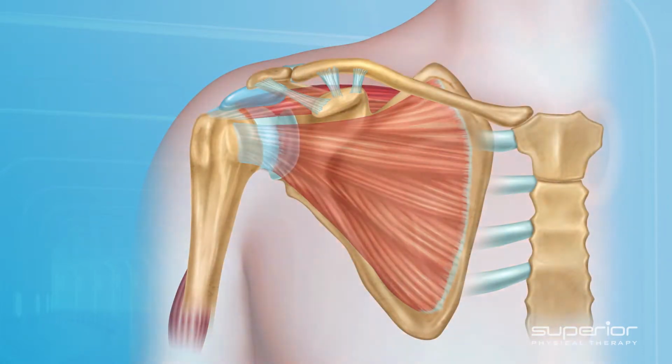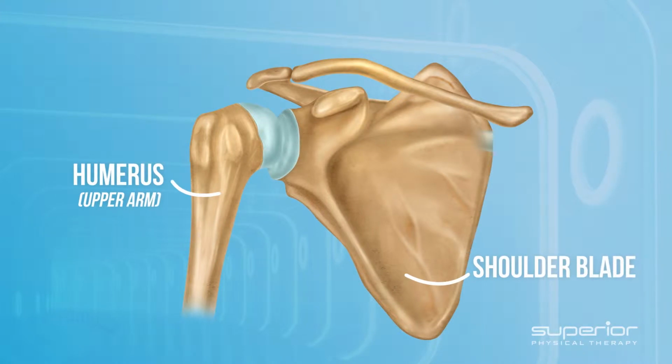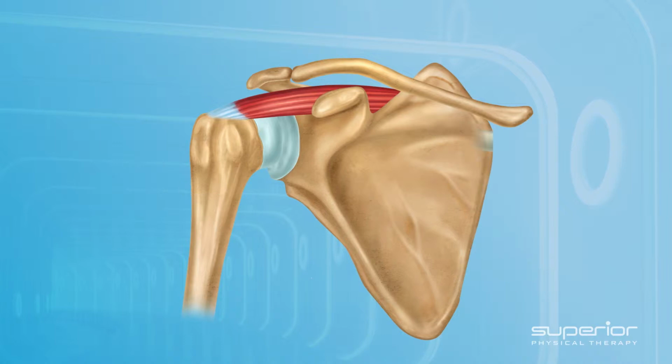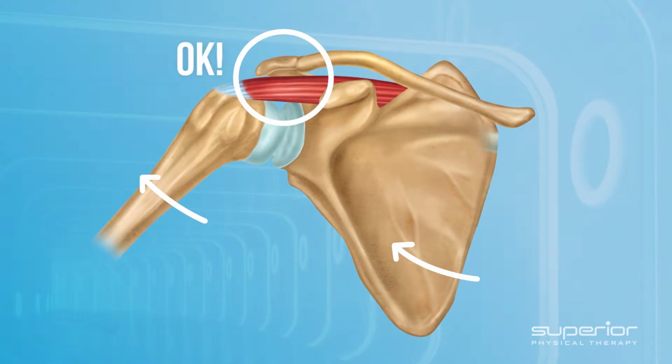So let's really quick talk about what the impingement syndrome mechanism is. We're going to look at our model here of the shoulder blade and the arm bone, and you can see it's a ball and socket joint, and we have the rotator cuff muscles that go underneath this bony roof, like I mentioned earlier, and that shoulder blade has to move at the same rhythm as the arm bone.